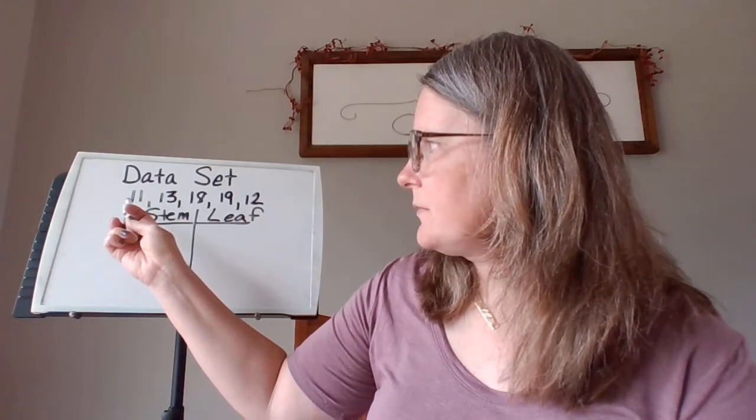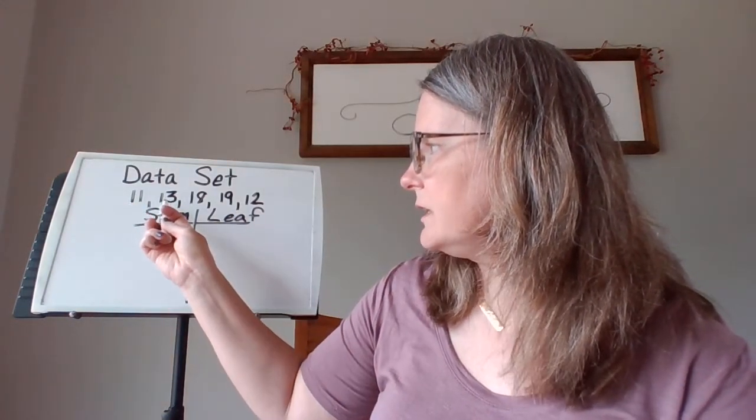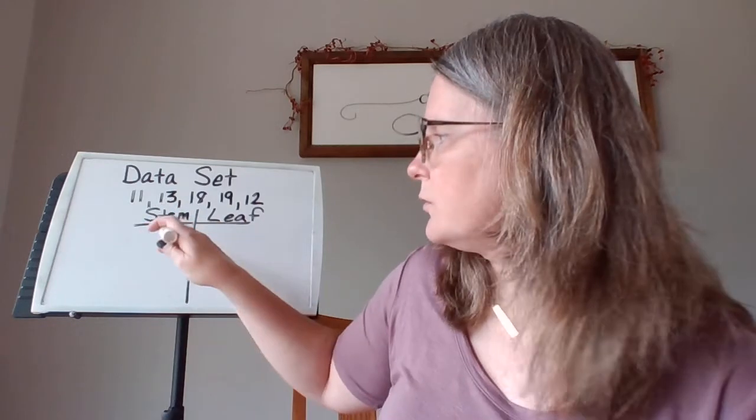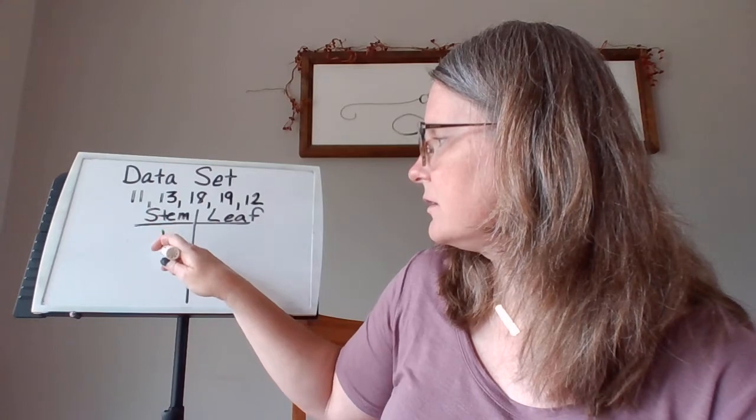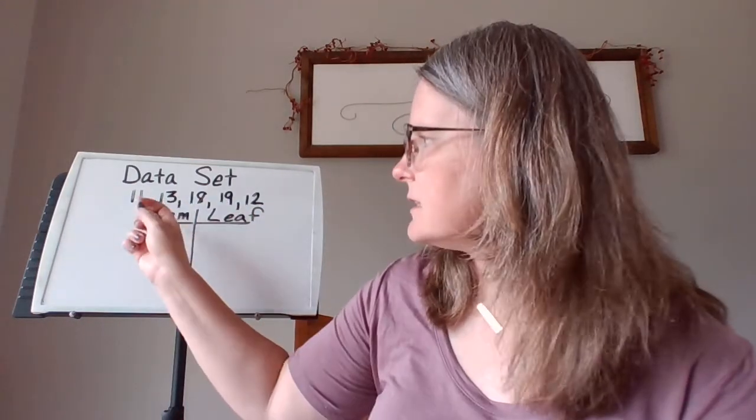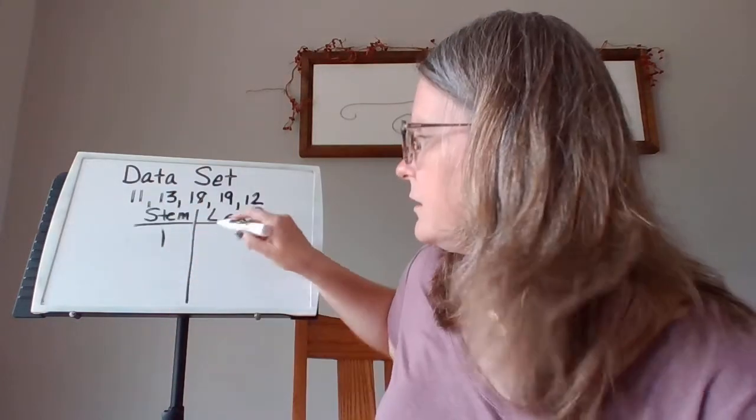And so we have in our tens a 1. We're going to put that right here. And in our ones, we have a bunch of different numbers. So we're going to demonstrate that like this. In the 11, we have a 1.